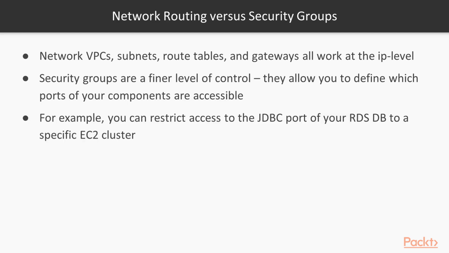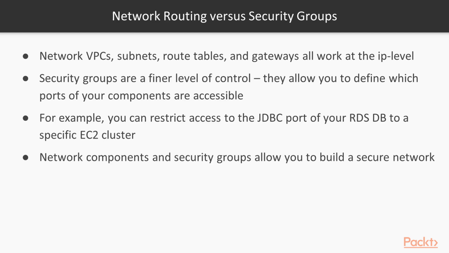For example, you can restrict access to the JDBC port of your RDS cluster to a specific EC2 instance. This would be an example use case where both the network security controls and security groups are used to build a very fine-grained level of network security.